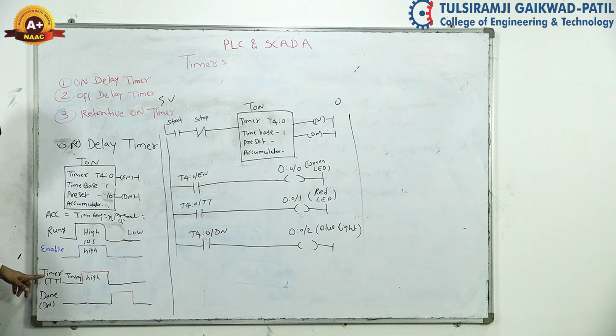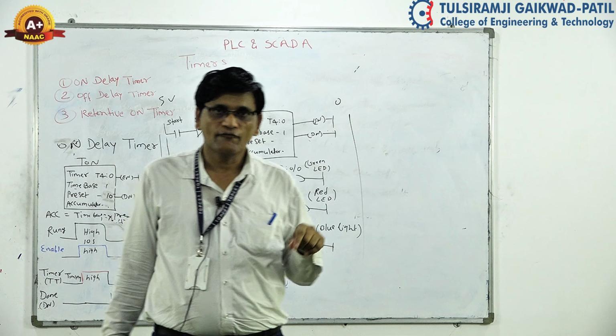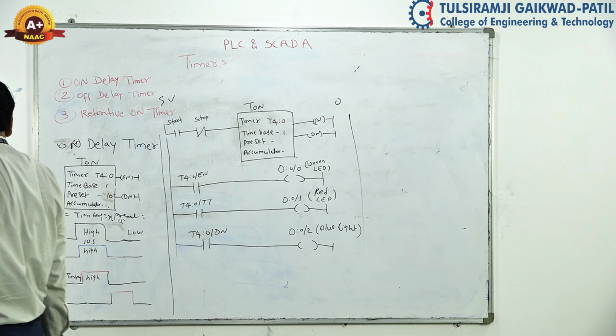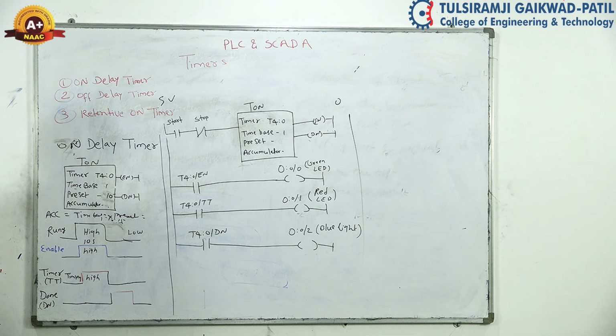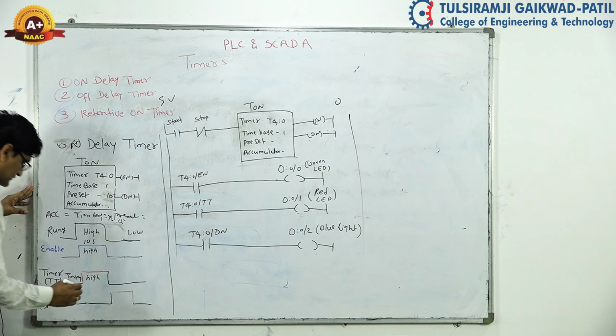After that there is the timer timing bit, the TT bit. When the rung is on and the enable bit is on, whatever delay we provide, like 10 seconds or 15 seconds, the timer timing bit will be continuously on for that delay which we have already provided. This TT bit will be on for 10 seconds.